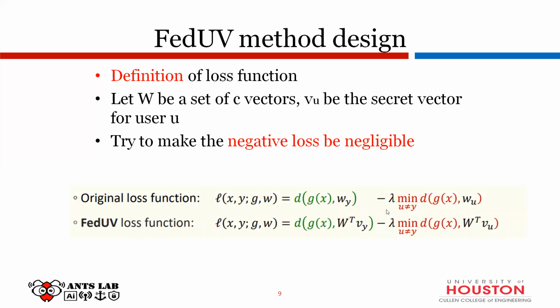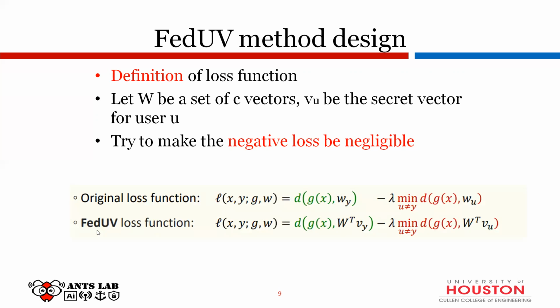In this formula, you can see the original loss function is just what we mentioned before. The left side is the positive loss, and the right side is the negative loss. As you can see, because this WU cannot be shared, we cannot calculate it.